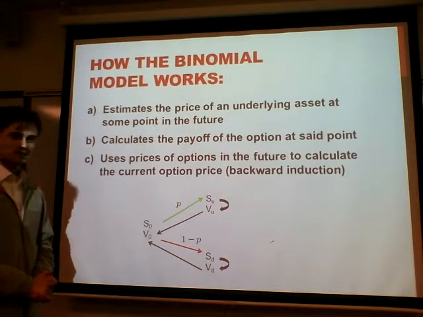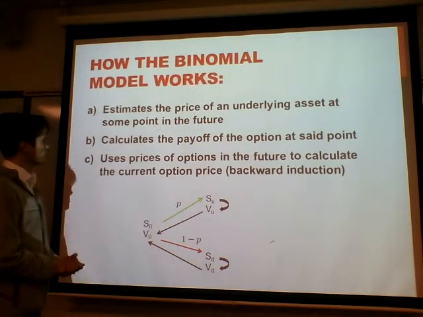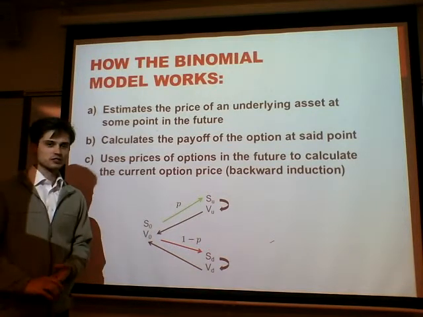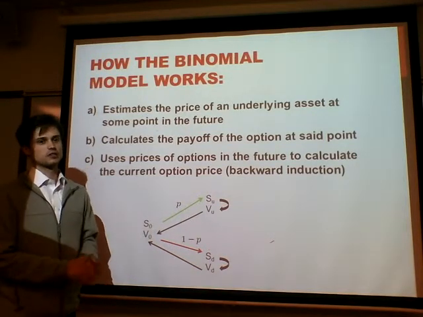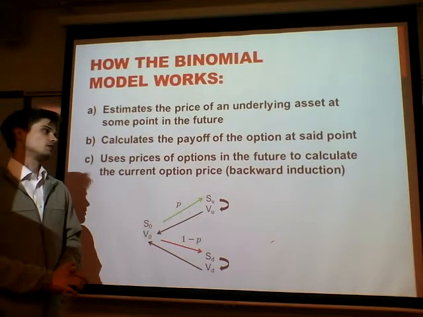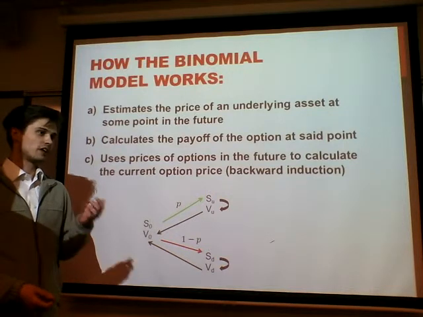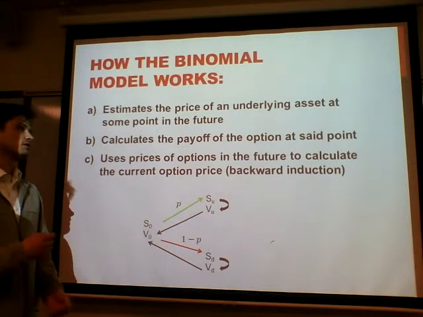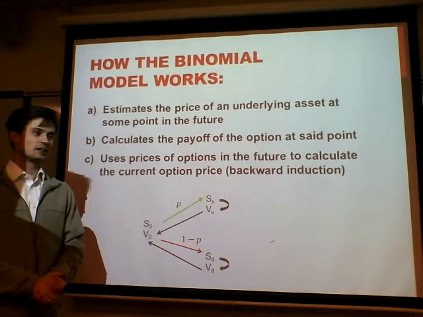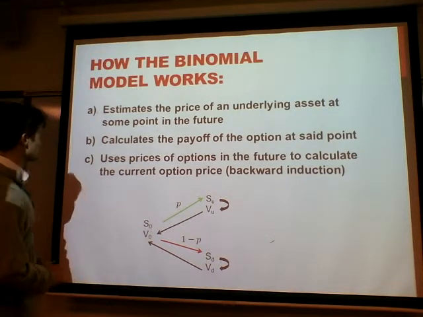There are basically 3 steps in this model. The first step is estimating the stock prices at future times. Based on our probabilities and then our up factors and down factors, we will eventually end up at a stock price at the time of expiration. So that's going to be our first step.